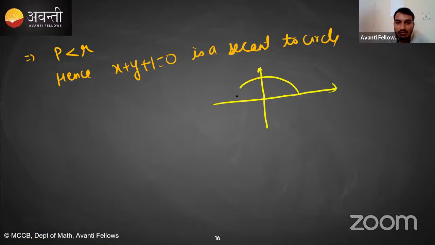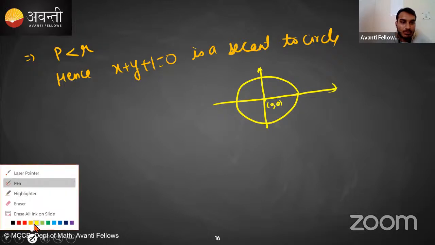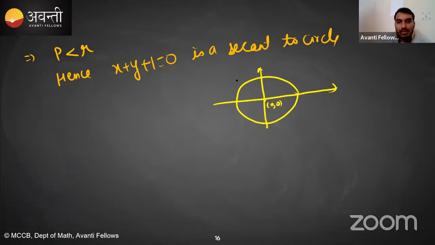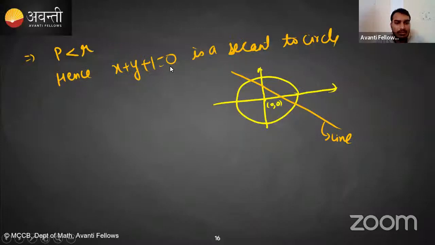So let's say this is the circle, center 0, 0, radius 5, and this line x plus y plus 1 is equal to 0, maybe like this. So this is the line. Clearly the perpendicular distance is less than r, right? So this line will act as a secant. Is that clear, everyone? Any doubt, students? Any doubt?